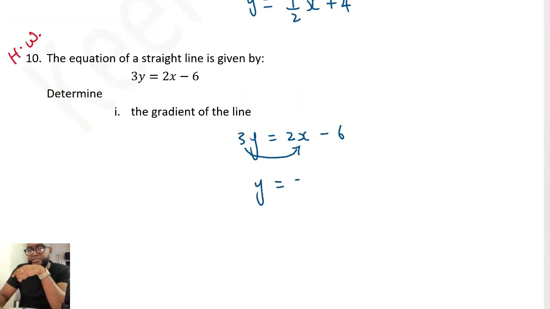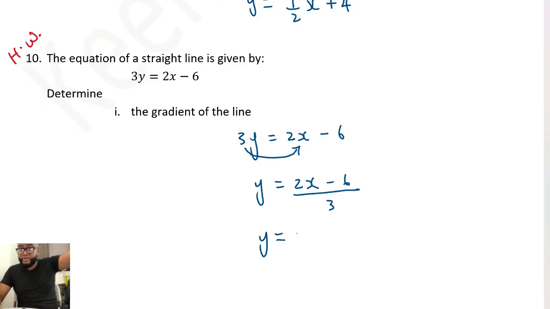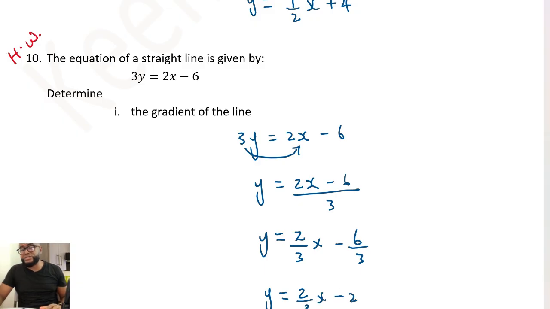So y will be equal to 2x minus 6 all over 3, which means that this 3 must be divided into the 2x and into the 6. So y will be equal to 2 over 3x minus 6 over 3. Everybody with me so far? Yes. Right. So y will be equal to 2/3 x minus 2.